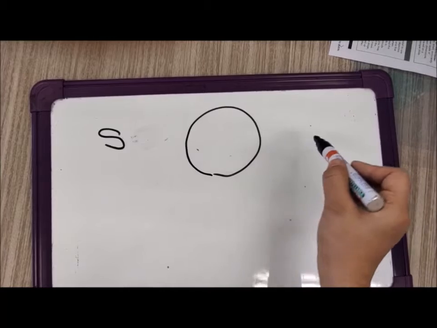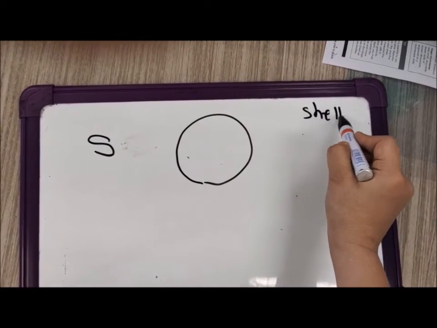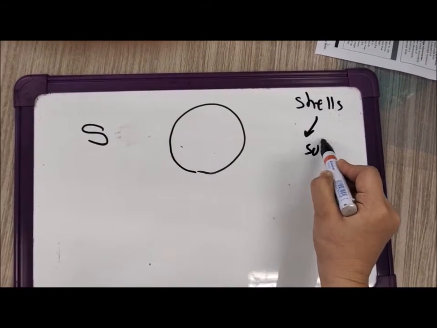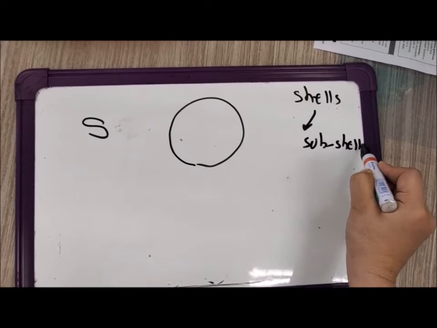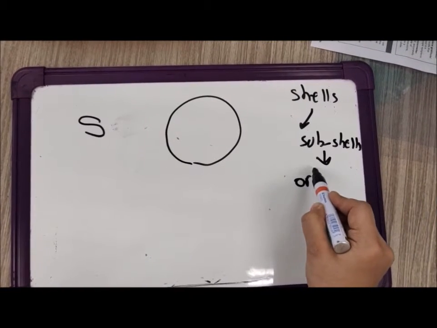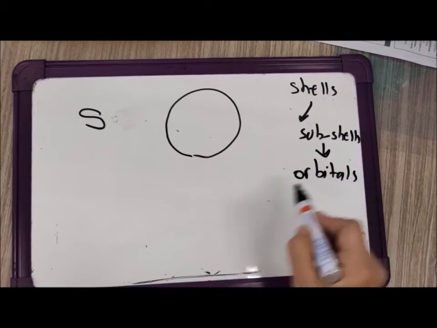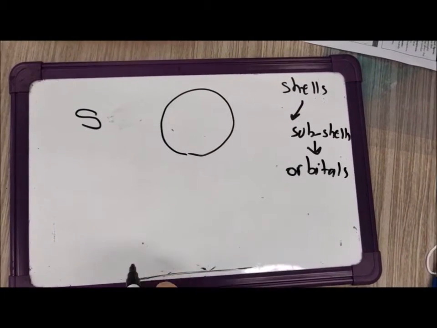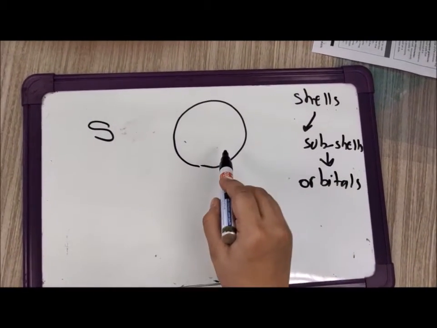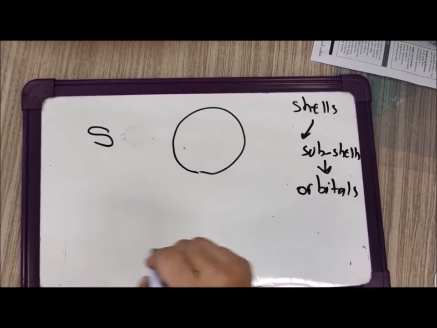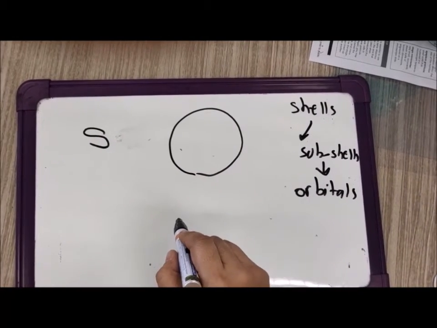So we have shells, we have subshells, and each subshell has orbitals. S only has one orbital, one type. Each shell has one s orbital.